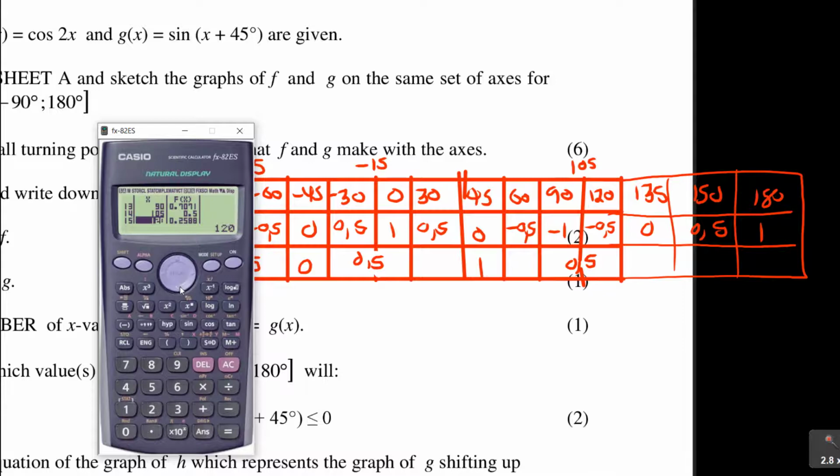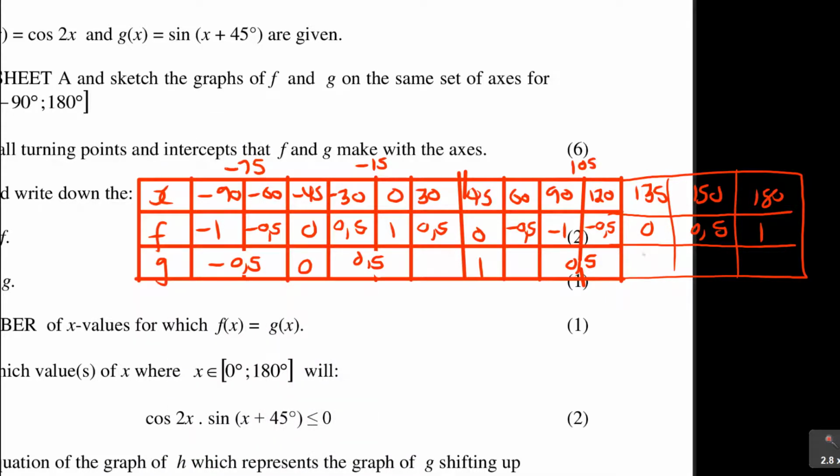And then I think you wrap it up by what? 135 is 0, 165 is 0,5. So that is that.